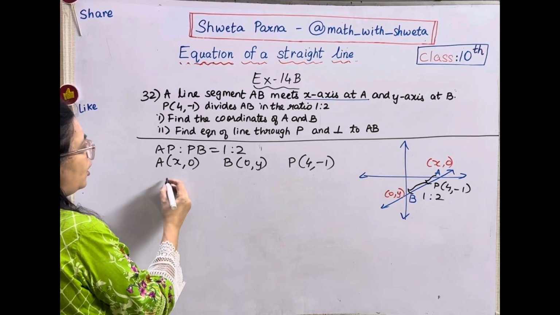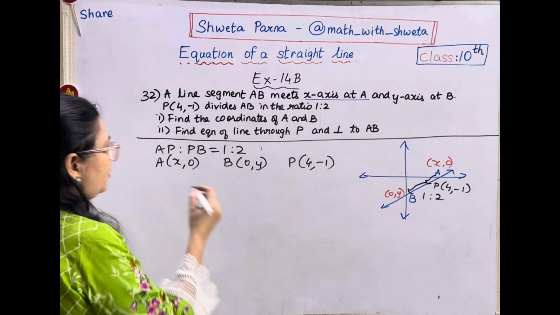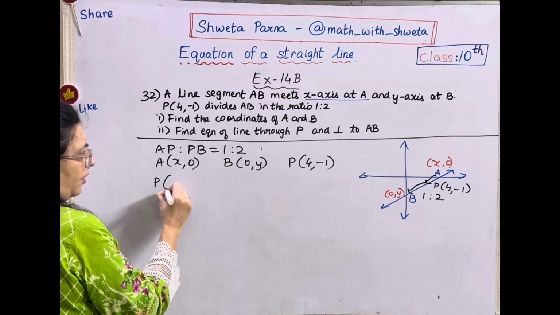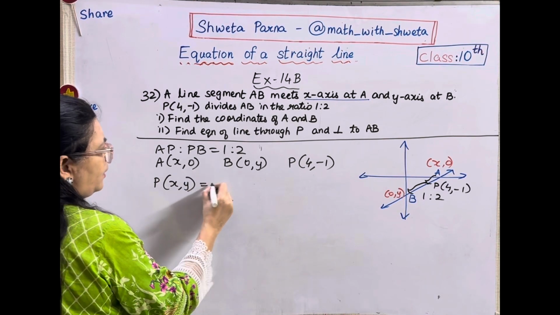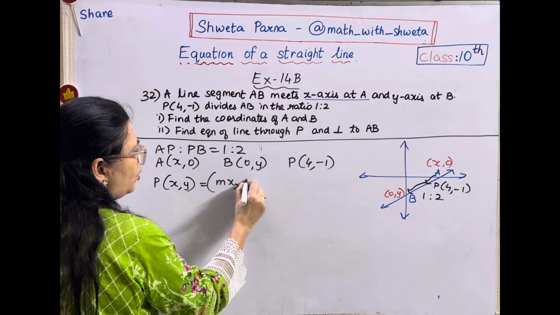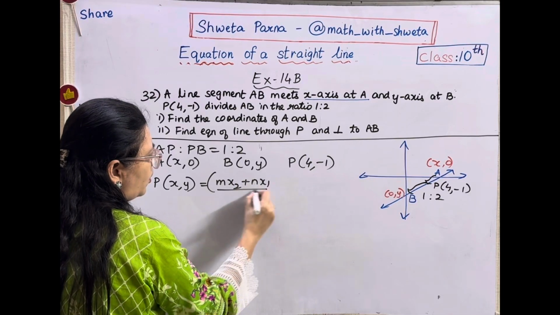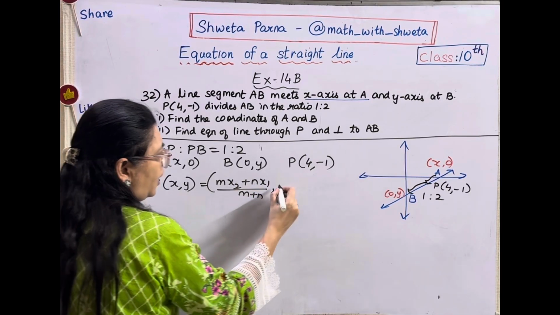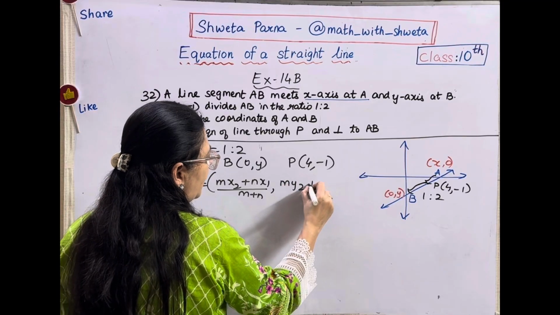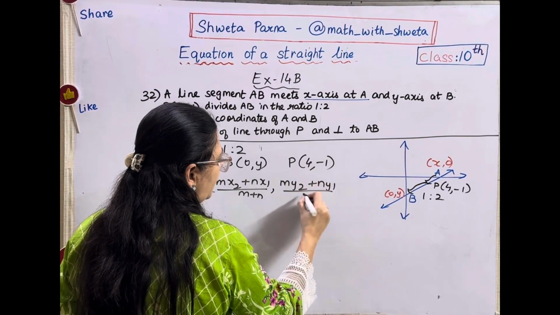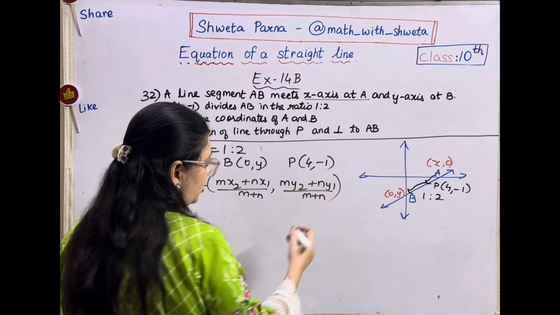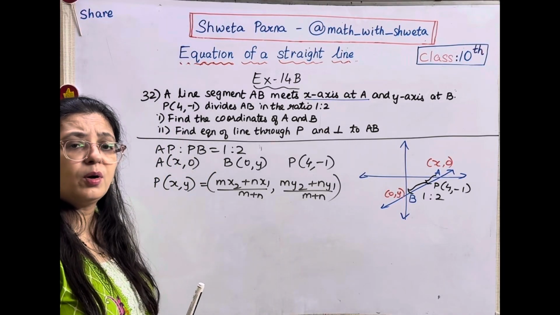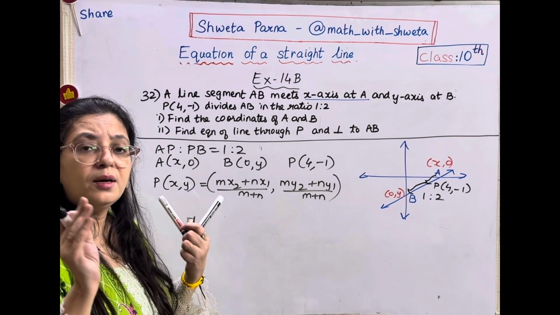Let's solve it. So what is the section formula? P(x, y) is equal to (mx2 plus nx1) upon (m plus n), and (my2 plus ny1) upon (m plus n). Children, you will say, ma'am, this does not belong to this chapter. You will get mixed questions.